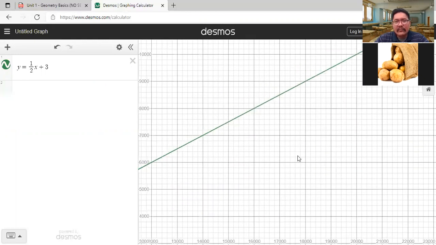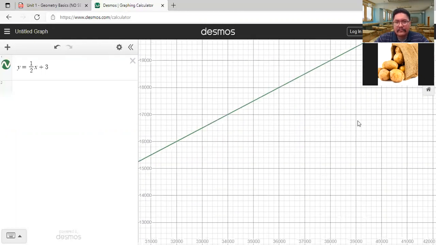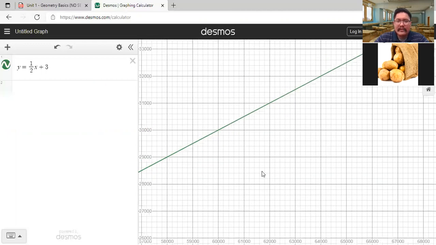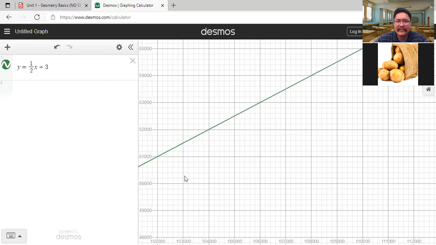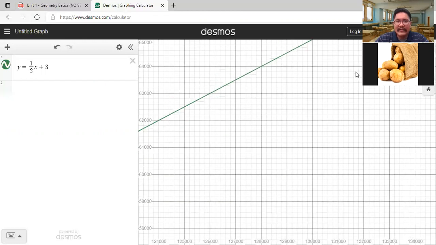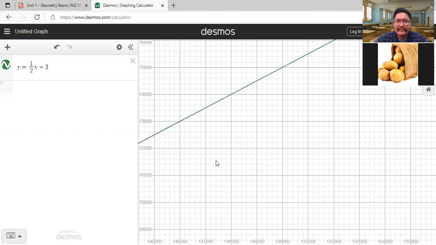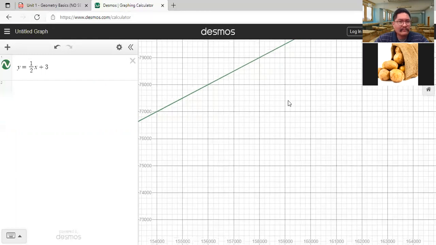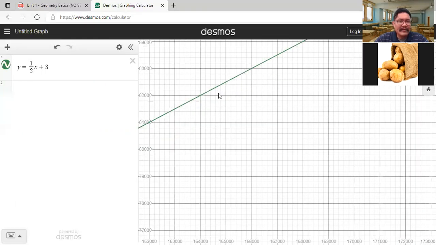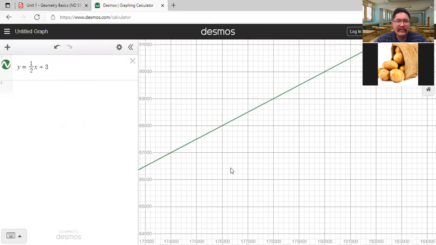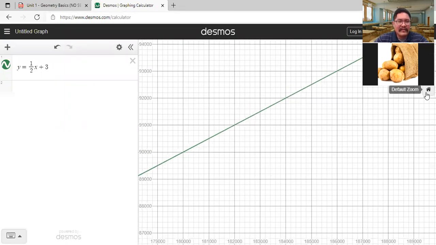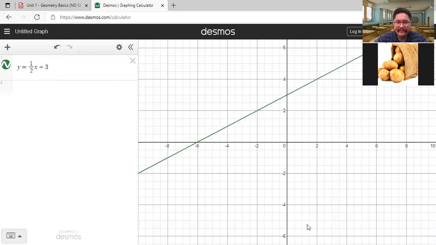And lines don't really have an end point. If I'm trying to find where this line ends, it's not really going to end anywhere. It's just going to keep going and going and going. Yep, no end. Even at 87,000, it's still going, and it would go on forever and ever, all the way to infinity.